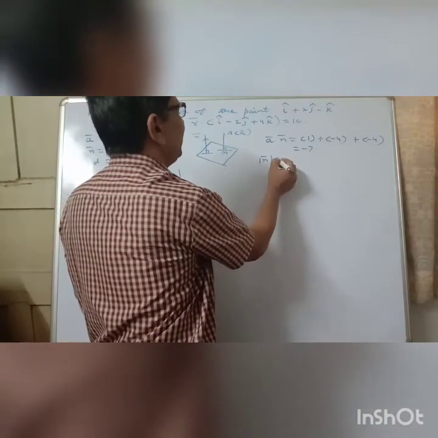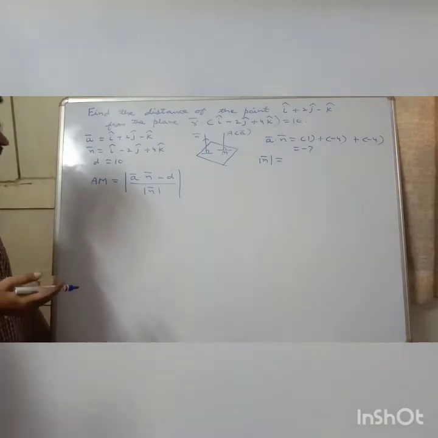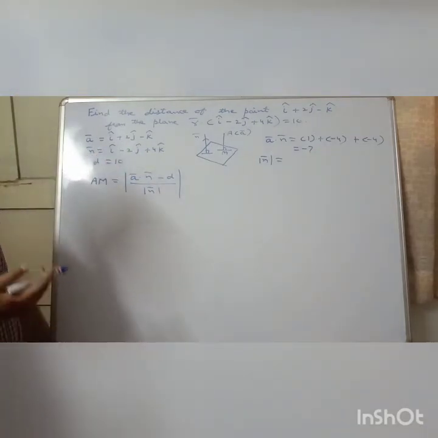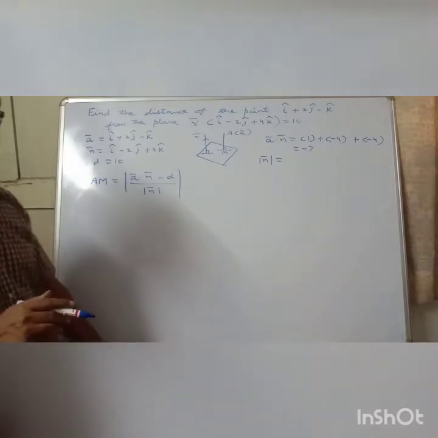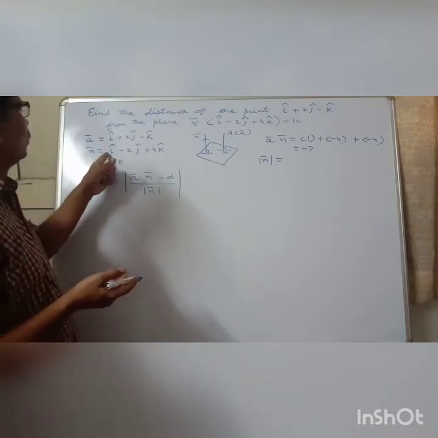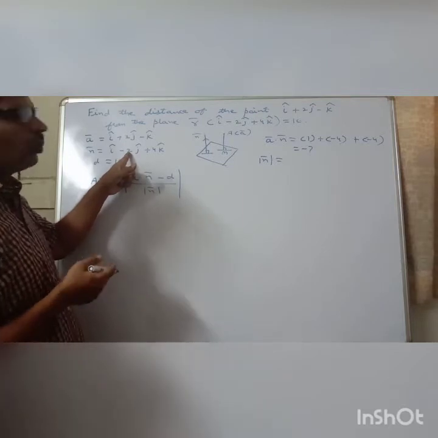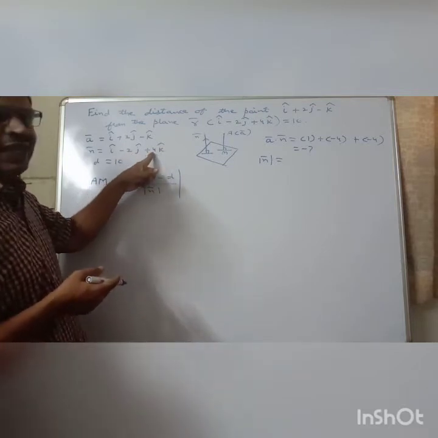Find magnitude of normal vector n bar, n bar in terms of i, j, k. Magnitude of vector is given by square root of sum of squares of the scalars. Coefficient of i is 1, coefficient of j is minus 2, coefficient of k is 4.